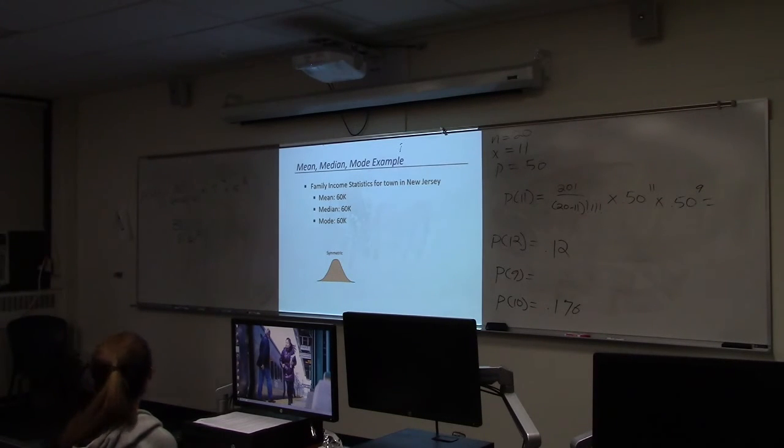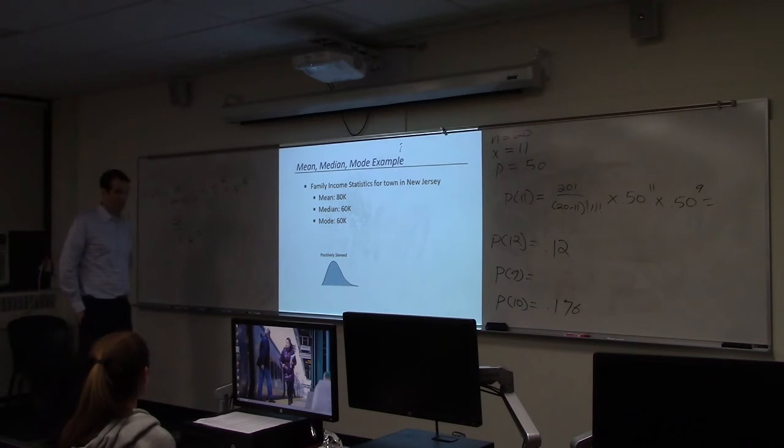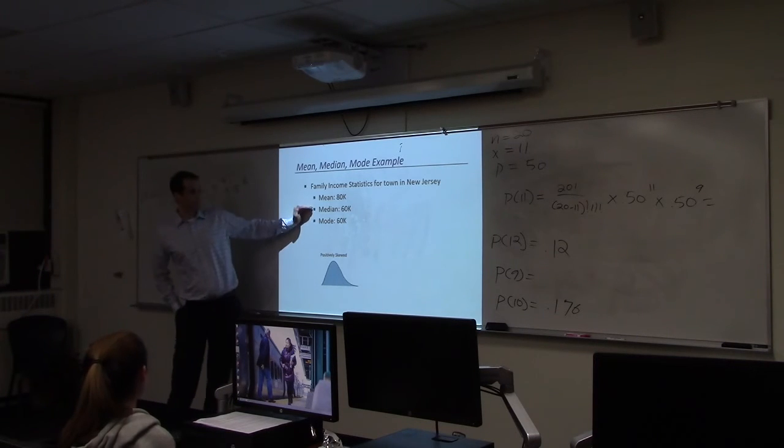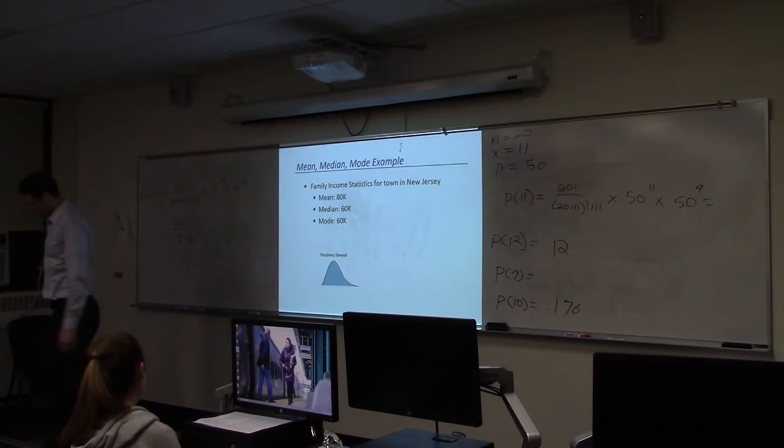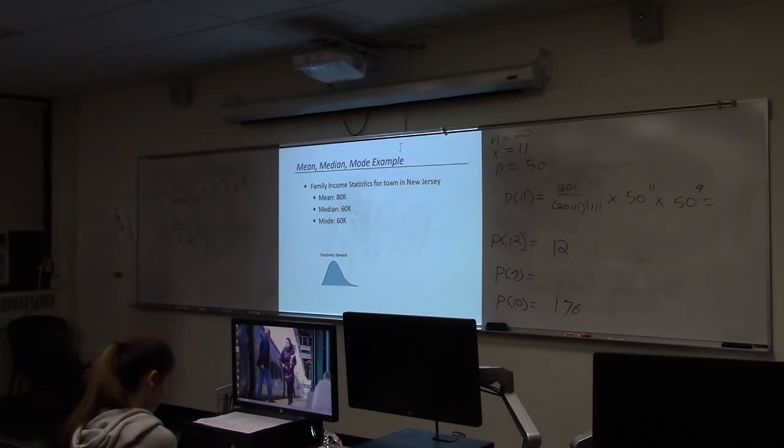Suppose instead, I were to look at a different town, and I were to find that the mean income were 80,000, the median income is 60,000, and the mode income is 60,000. What is going on in that town? More people making more than 60,000?